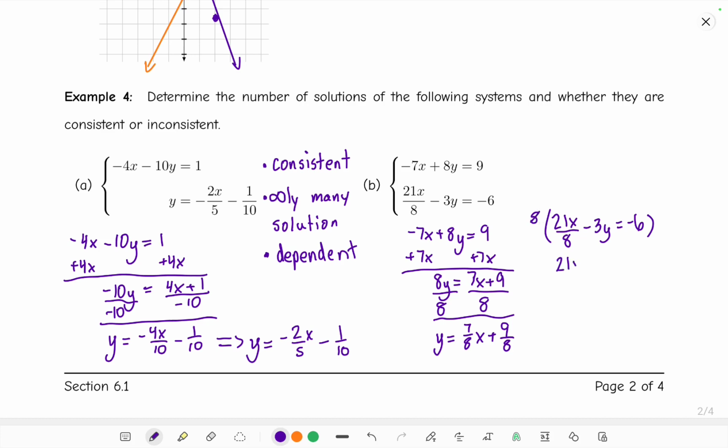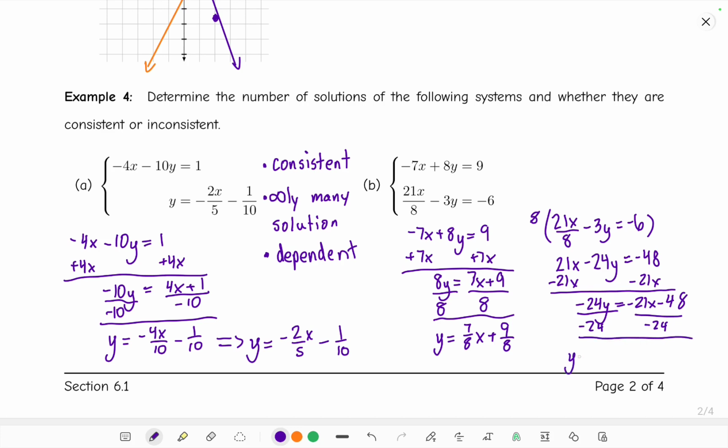So we get 21x minus 24y equals negative 48. Subtract 21x, subtract 21x. Negative 24y equals negative 21x minus 48. Divide by negative 24, divide by negative 24.